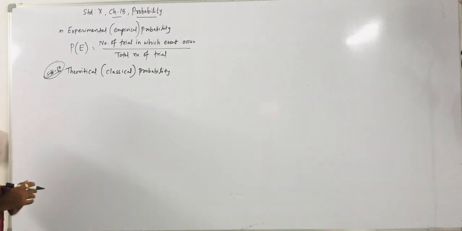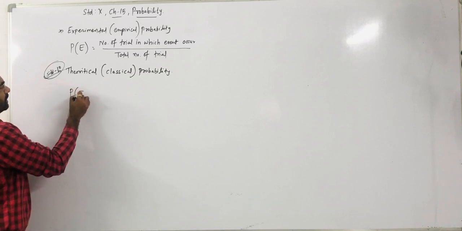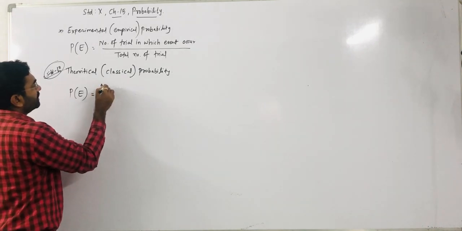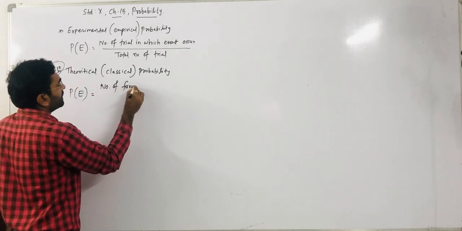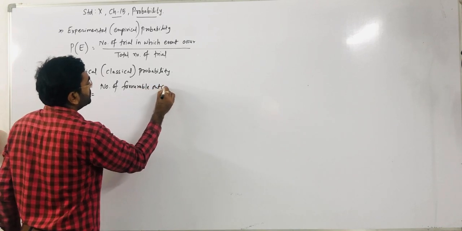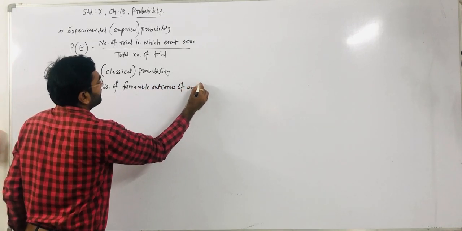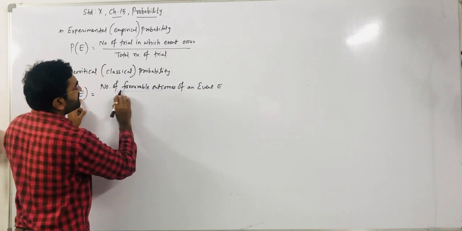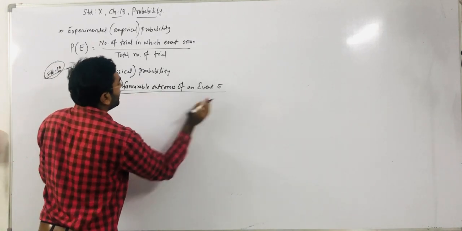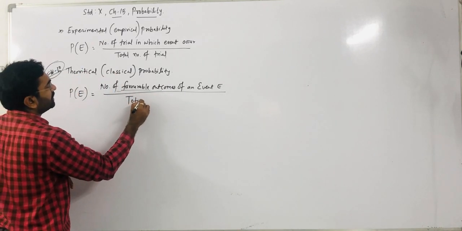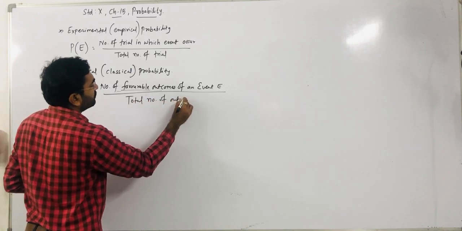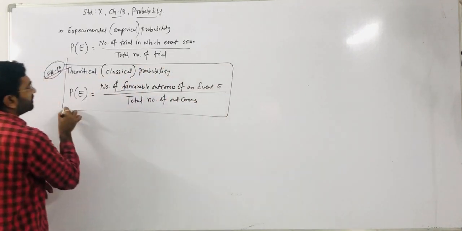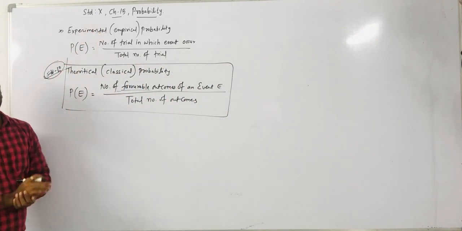Its formula is P(E) equals the number of favorable outcomes of the event E, written in the numerator, divided by the total number of outcomes in the denominator. You have to remember this formula; it is very important. Based on it, you have to solve every sum in chapter 15.